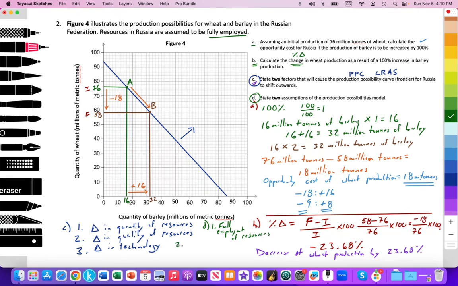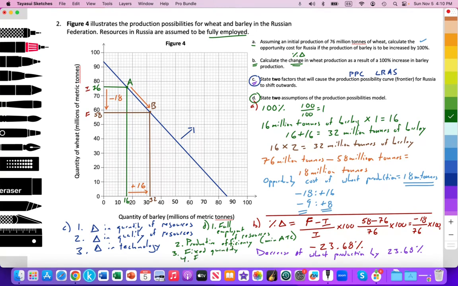Number two can be, we assume that we're productively efficient. So we assume productive efficiency, nothing's being wasted. For higher level students, they know that you're producing at minimum average total cost. Costs on average are at their lowest point. And number three, that would be fixed quantity of resources.